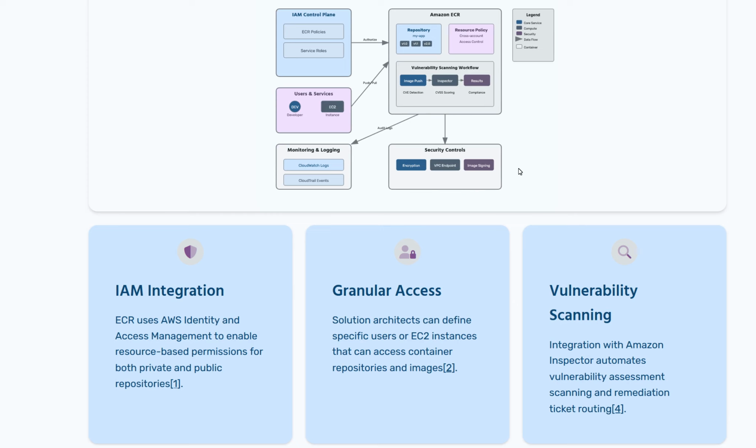So that's how these services are integrated with each other to manage security. It says IAM integration: ECR uses AWS Identity and Access Management to enable resource-based permissions for both private and public repositories. You also get granular access: a solution architect can define a specific user or EC2 instance that can access a container repository, that is, service roles.